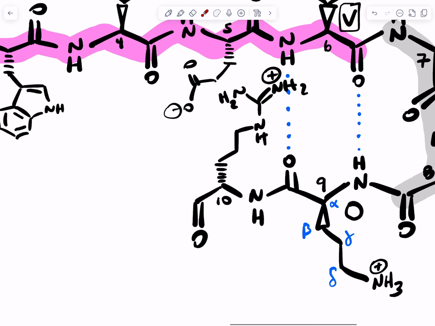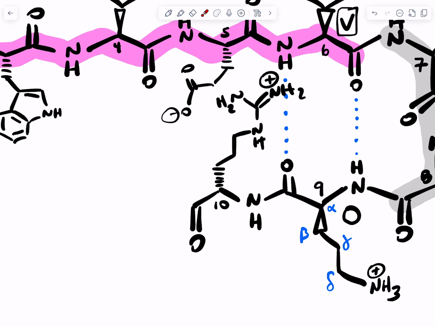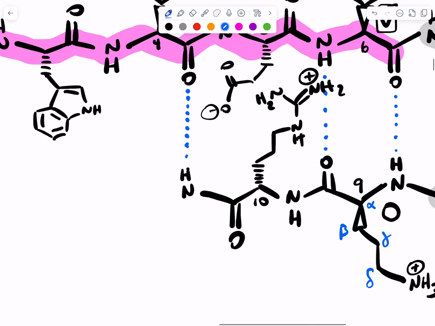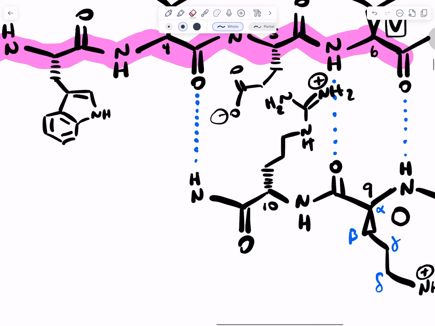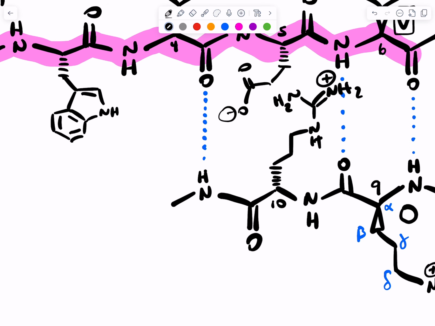All right, let's continue. We need to draw the next NH, and this NH needs to be hydrogen bound with the oxygen across from it. Then the alpha carbon would be here, and the carbonyl carbon would be here. And again, you want that carbonyl oxygen to line up with the NH.